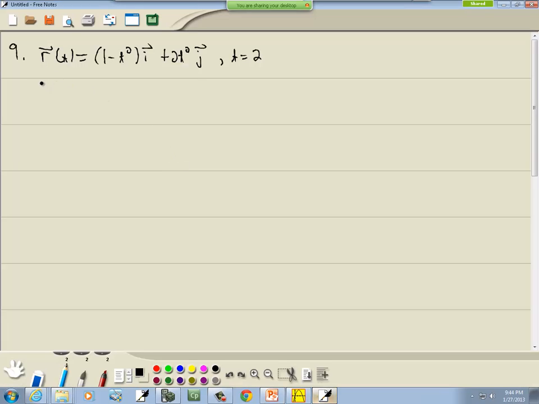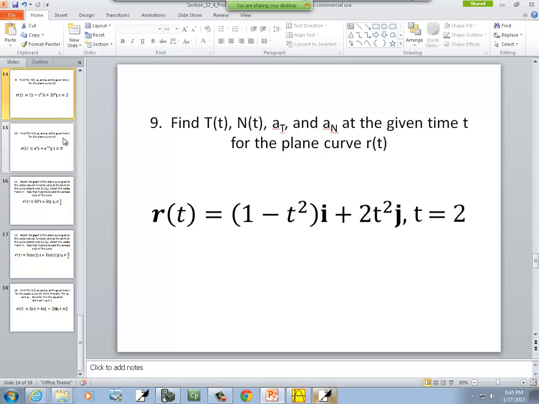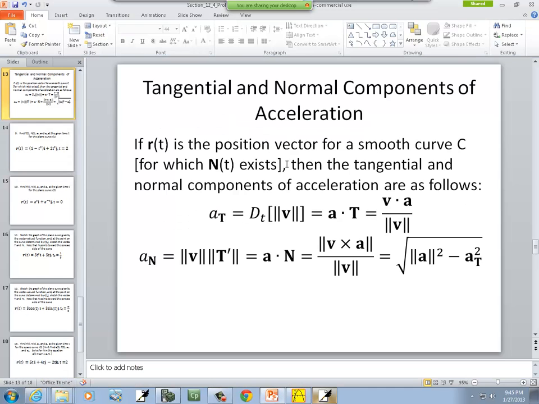Well, I need r prime to begin with. So the derivative of this gives us negative 2t i plus 4t j. Let me look at my formulas actually. What do I need here?